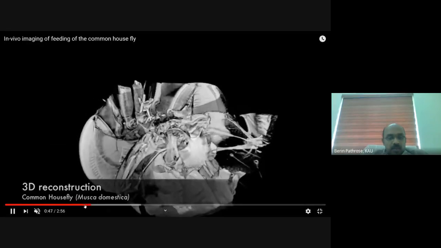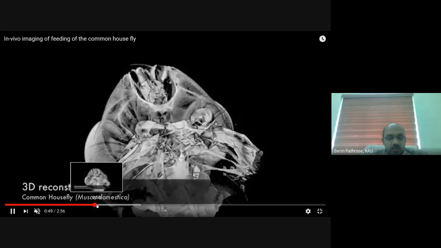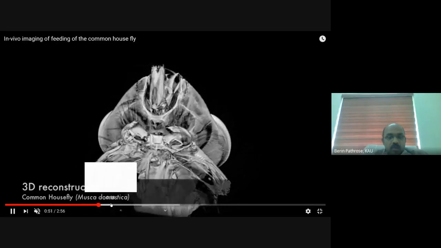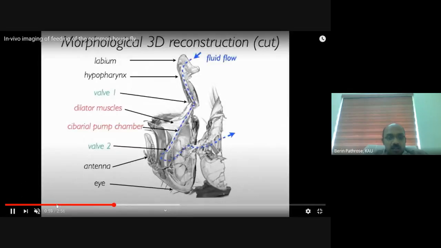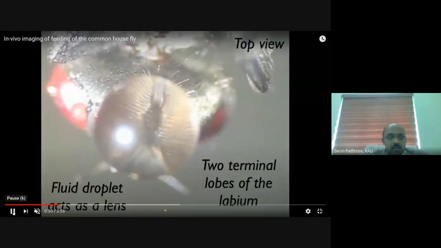Here you can see the pseudotrachea. This video I have taken only to show you the pseudotrachea. See, this is the labella, the tip of the labella, and you can see the pseudotrachea over here, and you can see the opening of the food canal. So this is a microscopic thing.